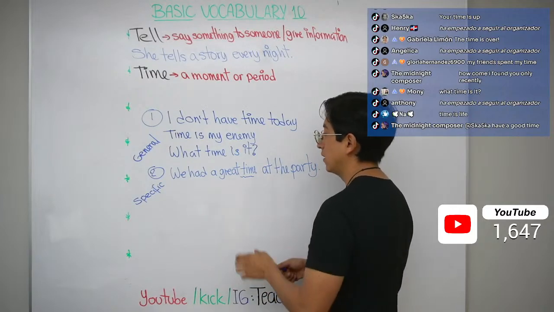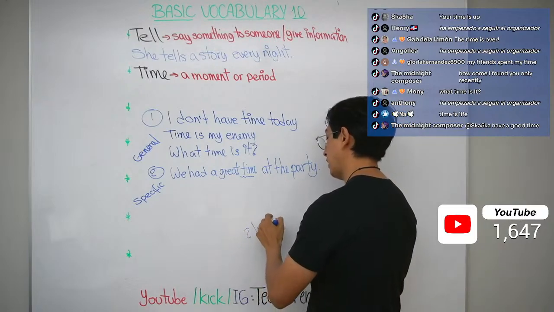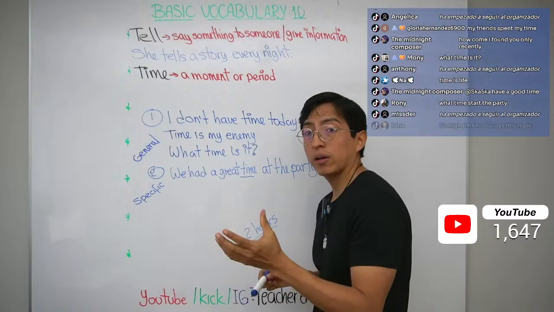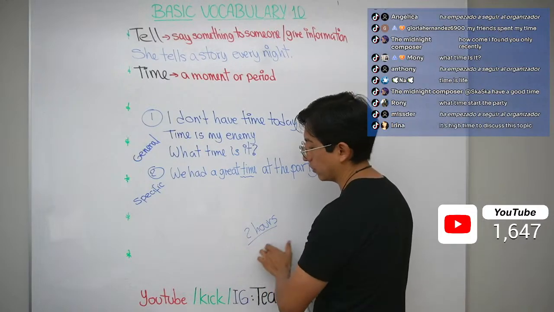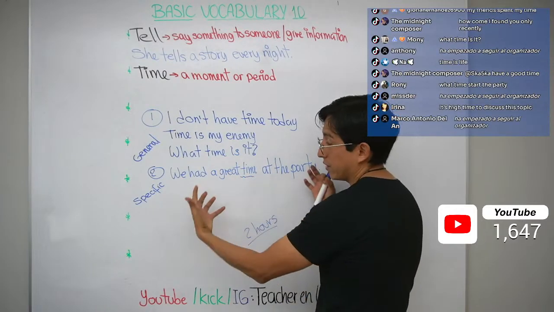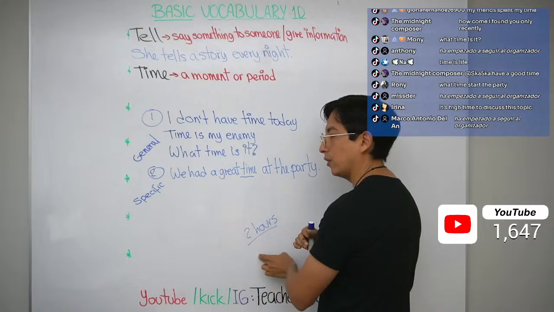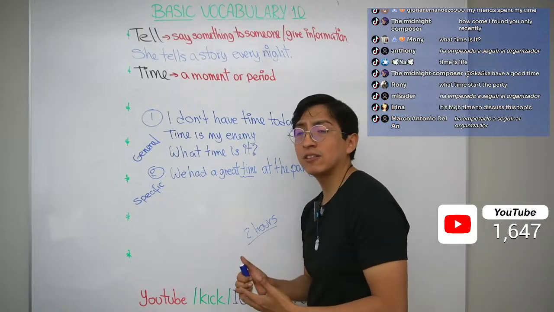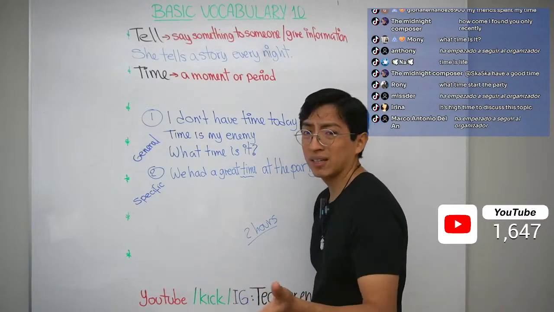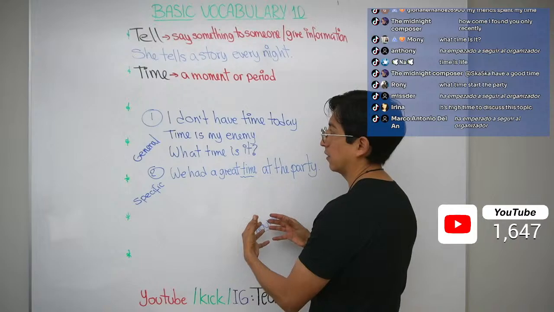It means, I don't know, the party lasted 2 hours, maybe? Let's say that I was at the party for 2 hours. So when I say time, I'm talking about this specific moment. We had a great period, a great moment. We had 2 great hours having fun, dancing, drinking, and speaking. We do different things at parties, right? So we're talking about something more specific.